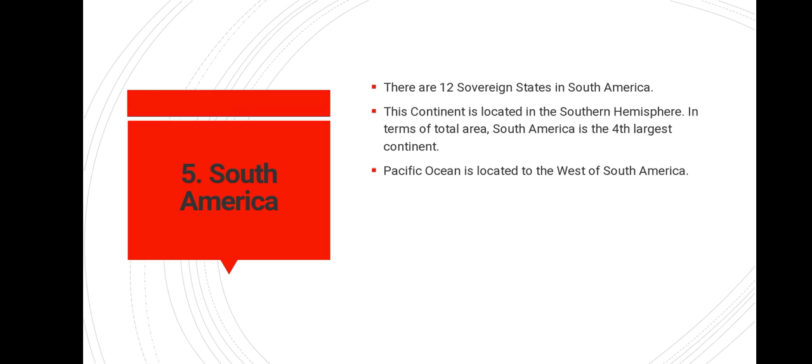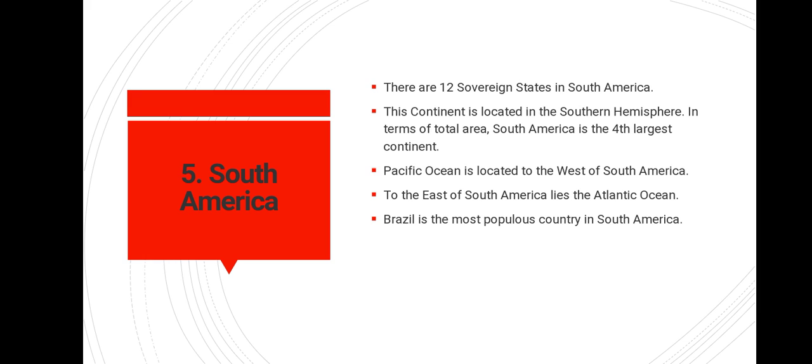The Pacific Ocean is located to the west of South America, as well as to the southwest of North America. To the east of South America lies the Atlantic Ocean. Brazil is the most populous country in South America and also the biggest country of South America.